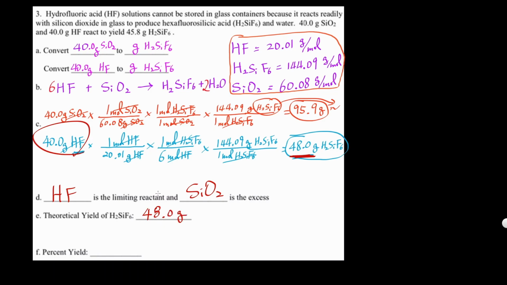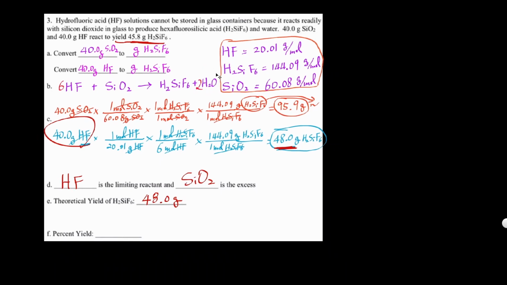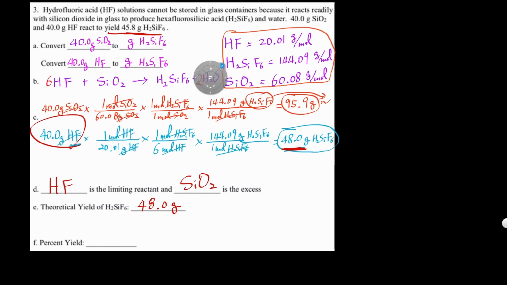But in reality, it's not. Look at the problem here: they reacted and it only yielded, usually it's going to be less, 45.8 grams, whereas the theoretical yield, what you're supposed to get when everything is ideal, is 48.0 grams. Then you multiply by 100%.